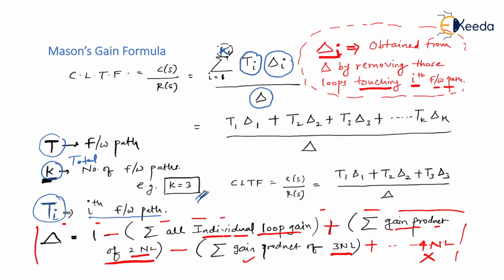When I talk about delta 1, it is the same as delta but removing those loops which are touching the first forward path. When I say delta 3, it is the same as delta but removing those loops which are touching the third forward path. That is, you have to observe T3, see which loops are touching it, remove those loops, and write the remaining delta. If all the loops are touching, then delta i is always equal to 1.